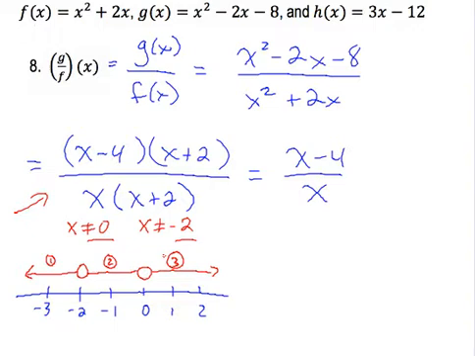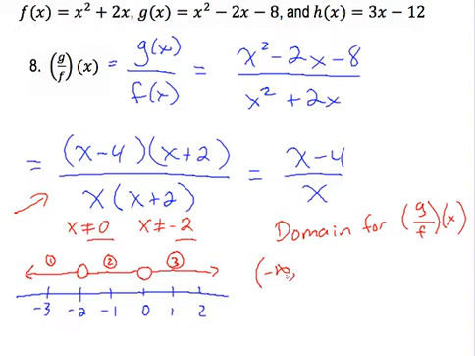So, jump over here. My domain for g over f of x would be given by the intervals negative infinity up to negative 2. And we use a capital U, that stands for union.